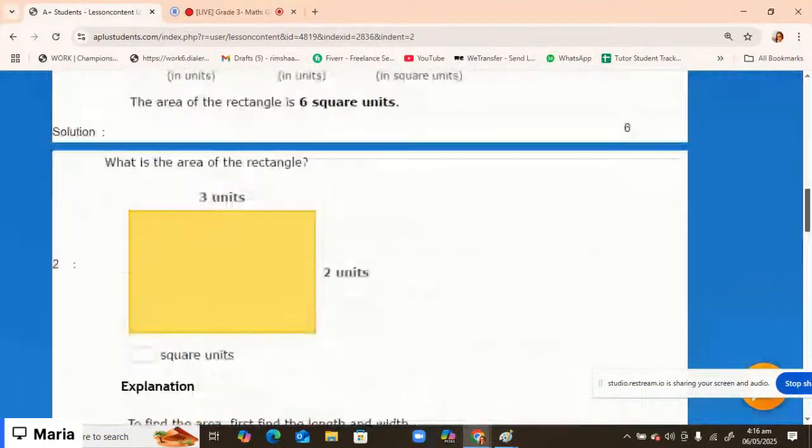So I'm going to tell you how to find the area of the squares. Okay. This is the area of the rectangle formula. Now just find out the area of the rectangle.